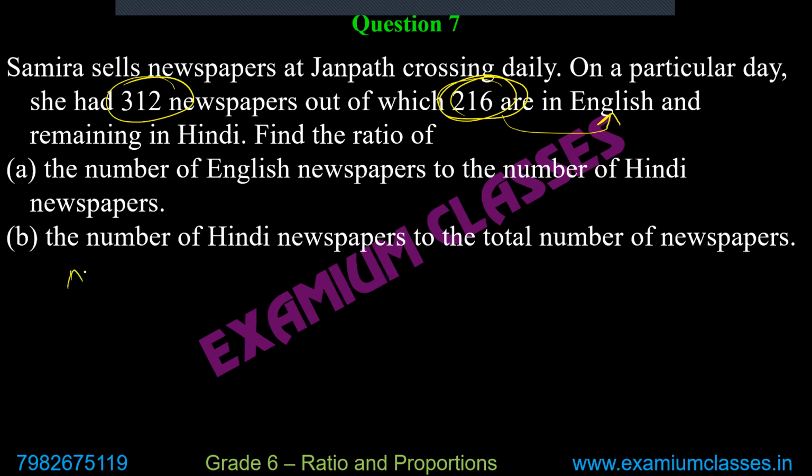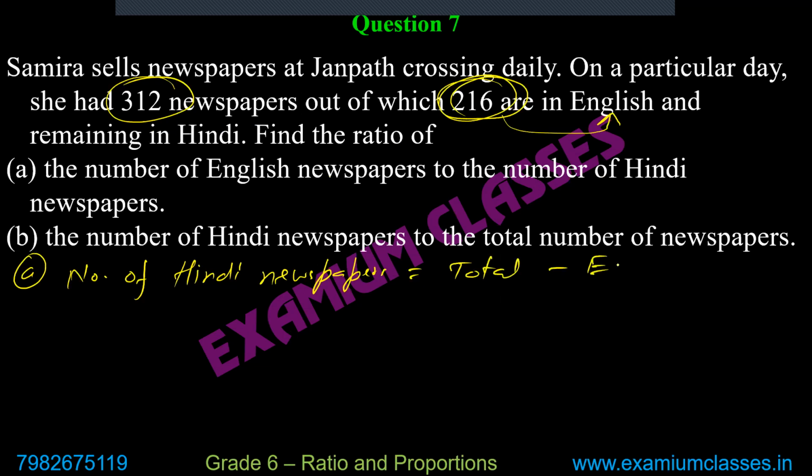So for part A, the number of Hindi newspapers will be total minus English newspapers. That is 312 minus 216.